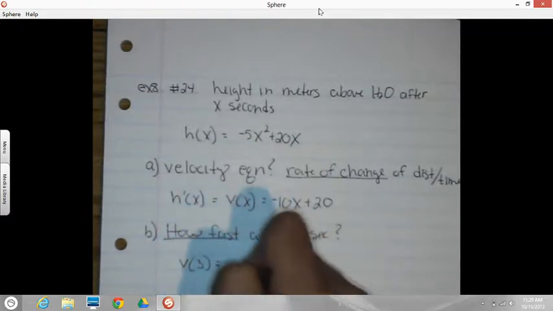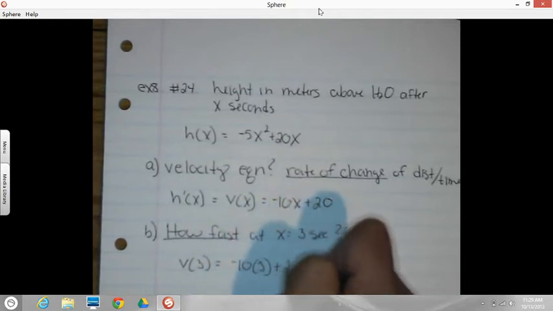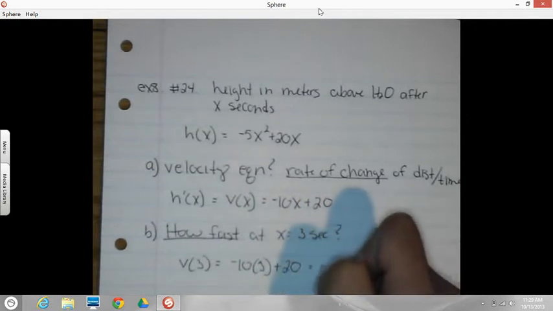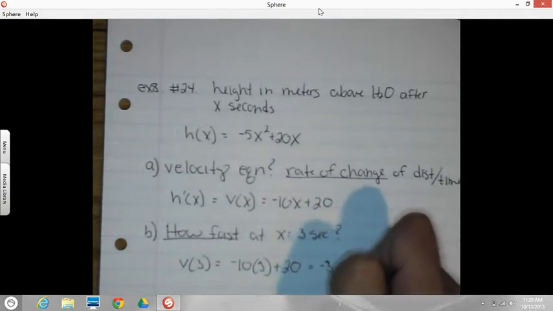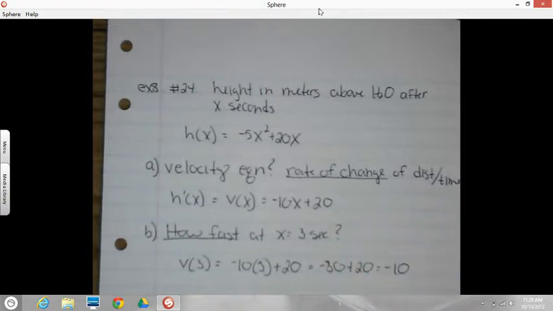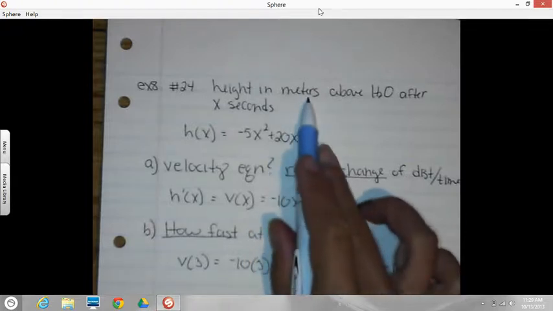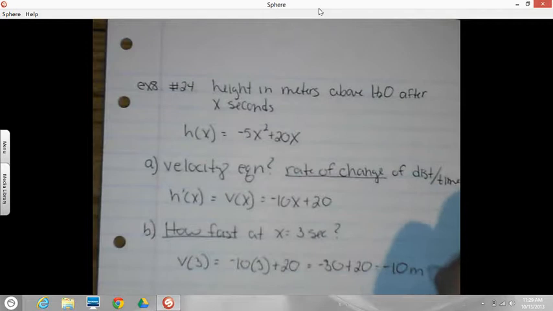So negative 10 times 3 plus 20. So that's negative 30 plus 20 is a negative 10, and we do want units. We were doing distance in meters, so meters per second. So negative 10 meters per second.